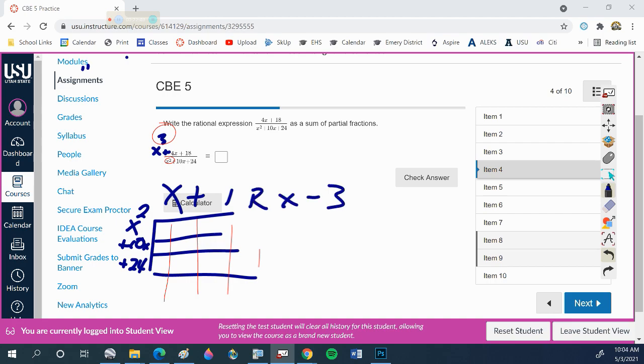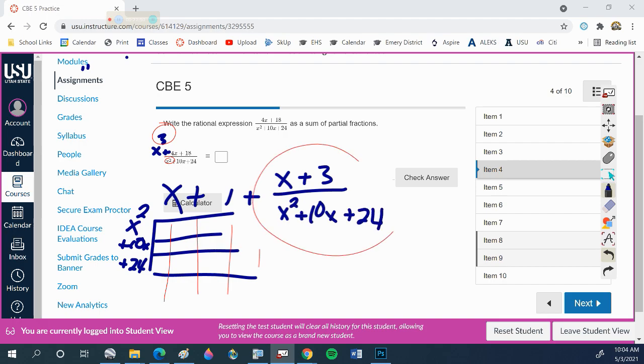I take that x minus 3 and I write it as a fraction over the original denominator, and then I do partial fractions on this. So the x plus 1 is still part of the answer, but the remainder is what we do partial fractions on.